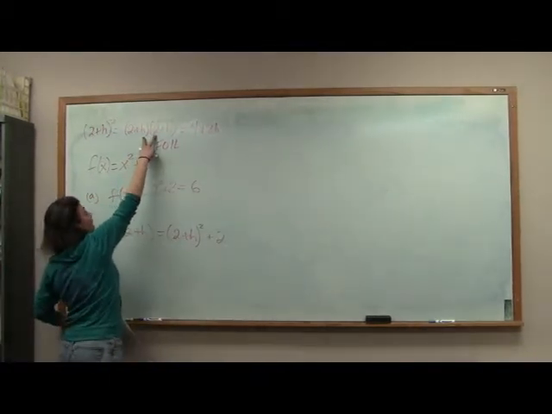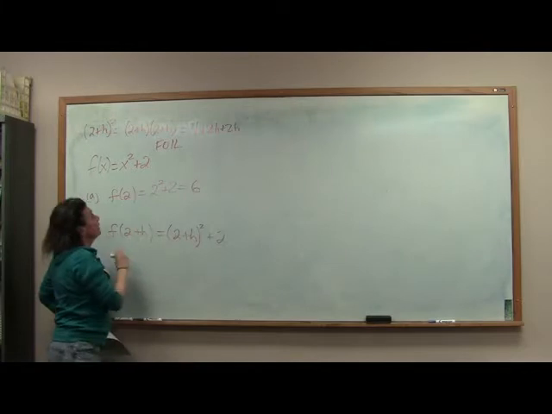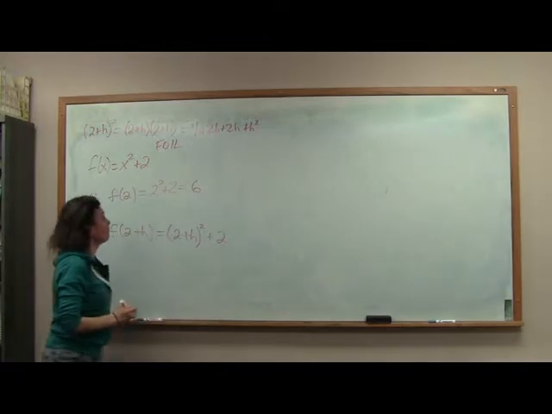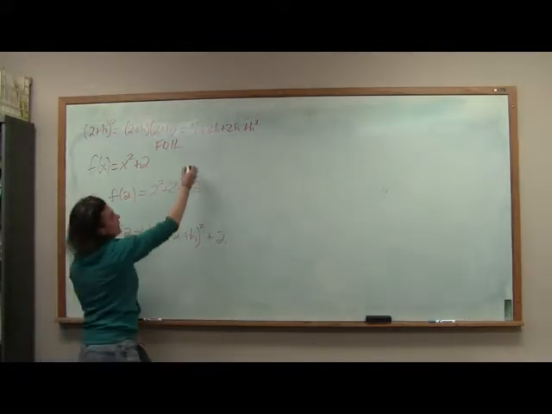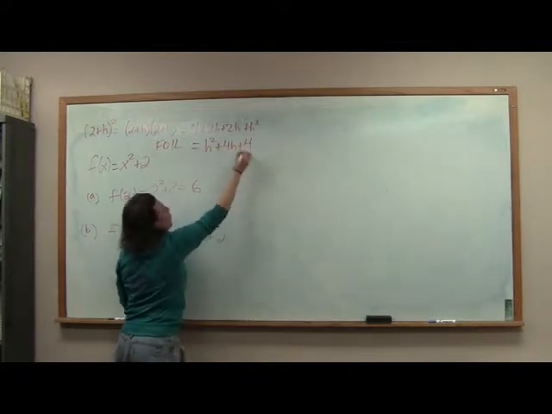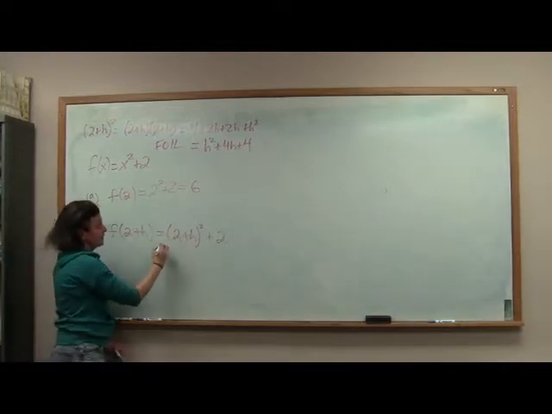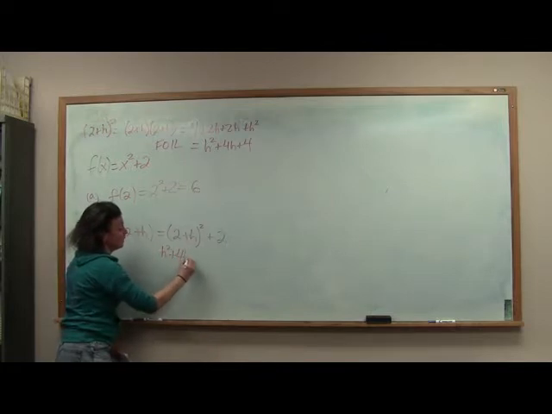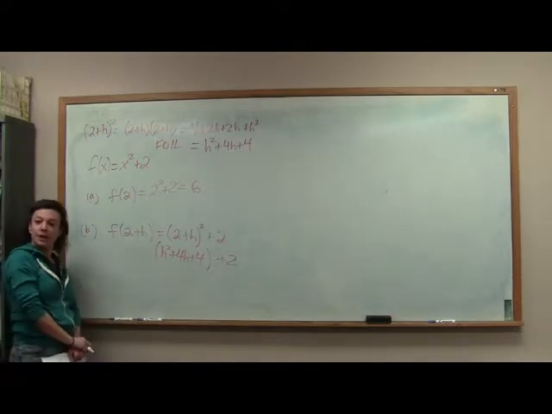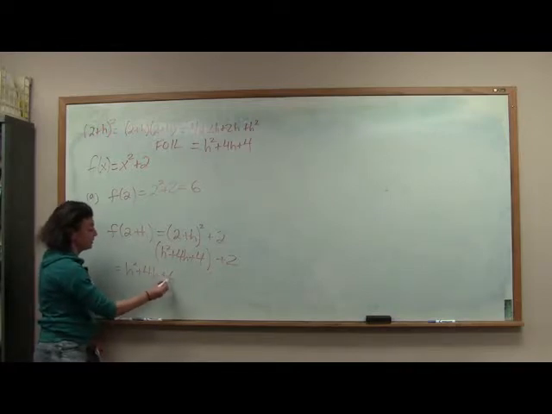My inside terms, I have h times 2. Well, that's also 2h. And then my last terms, h times h is h squared. So if I simplify this, I would write that as h squared plus 4h plus 4. And that is what this is. So we have h squared plus 4h plus 4, but now we need to add that 2 on. Well, combine like terms, and we have h squared plus 4h plus 6.